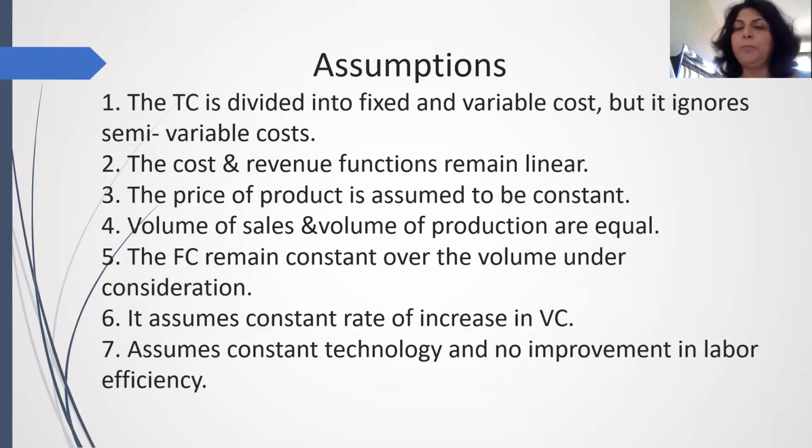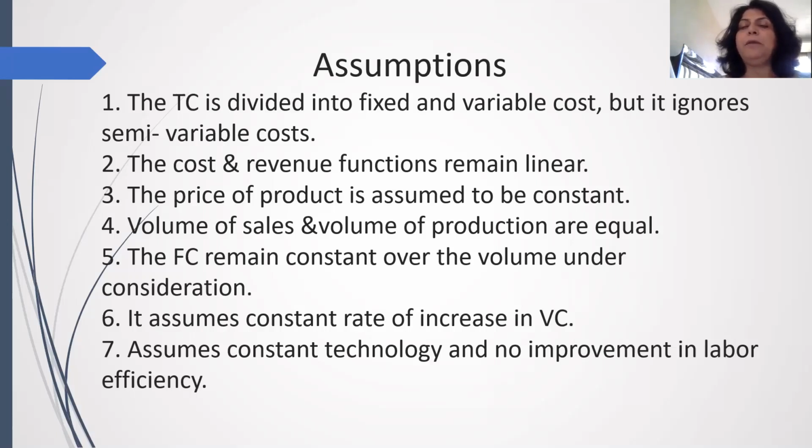There is no overproduction. Then the fixed cost remains constant over the volume under consideration. Whatever cost we start with as fixed cost remains constant over a period of time when the output is done. It assumes the constant rate of increase in the variable cost.